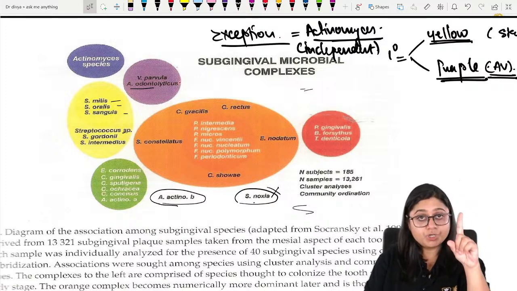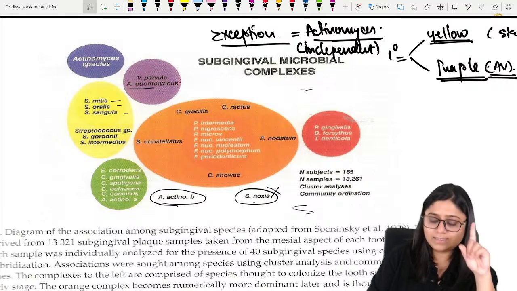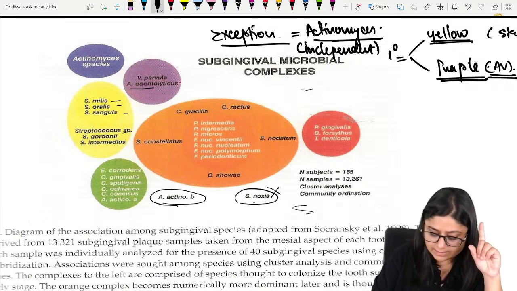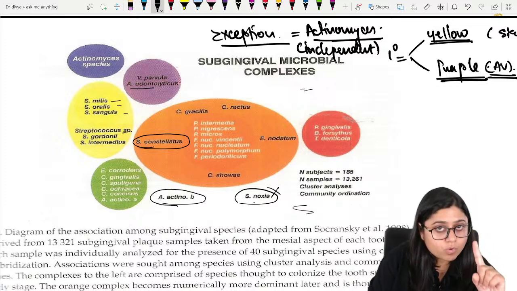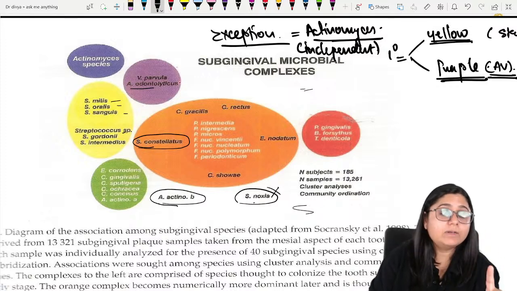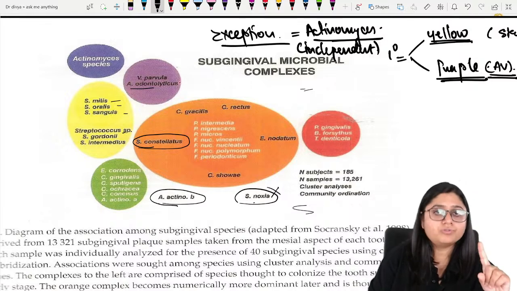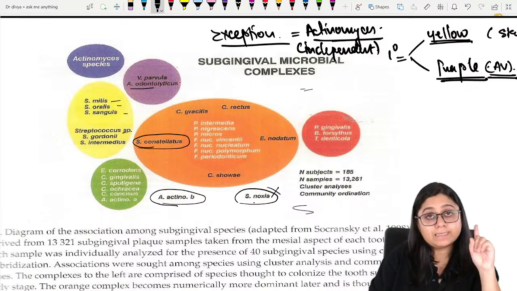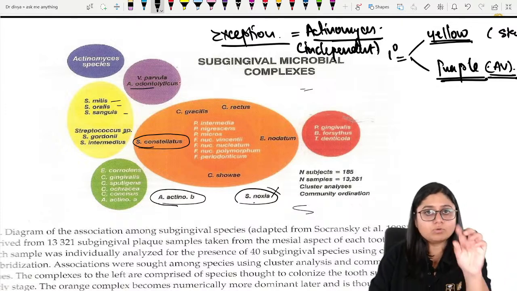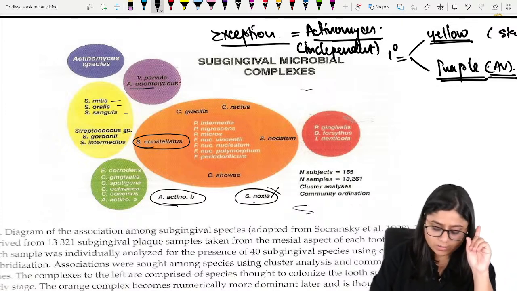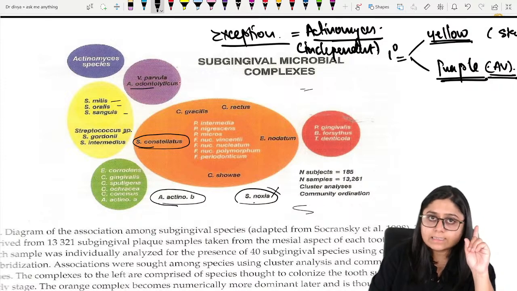But one exception you need to remember here is Streptococcus constellatus. This is a Streptococcus species which is present in orange complex. The only Streptococcus species which is present in orange complex is Streptococcus constellatus. So one name you need to remember is constellatus.